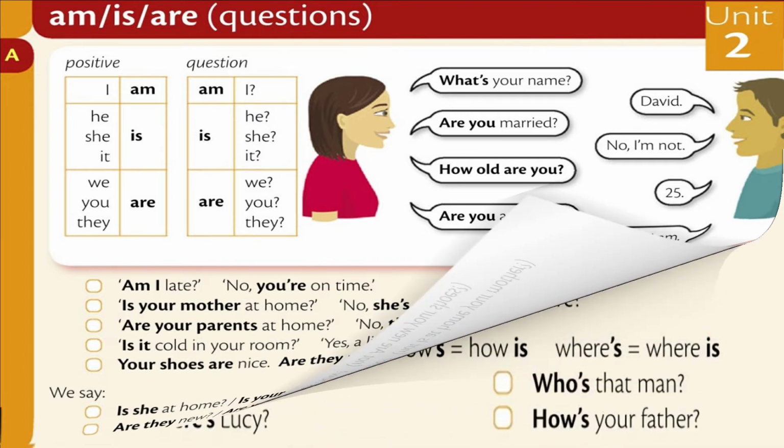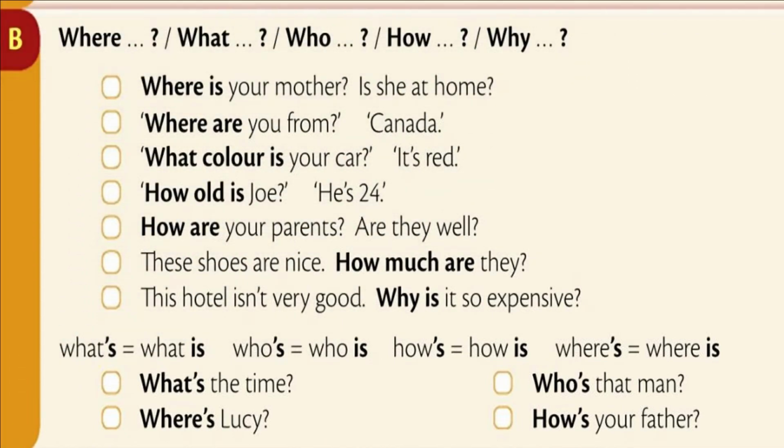Section B. Now we are going to learn how to use where, what, who, how, and why. All those types of question words are called WH family words. In this category, we have to place those WH family words even before the helping verb, that is, am, is, are.